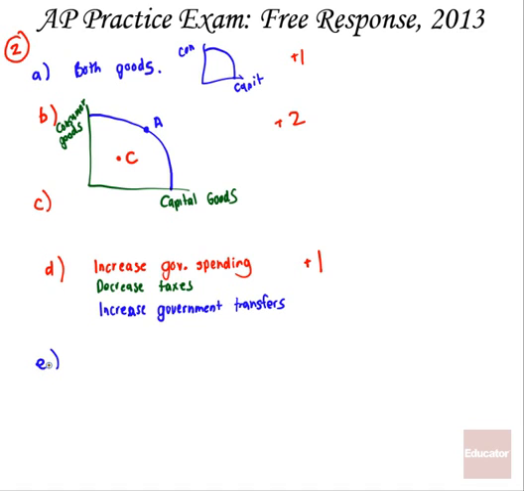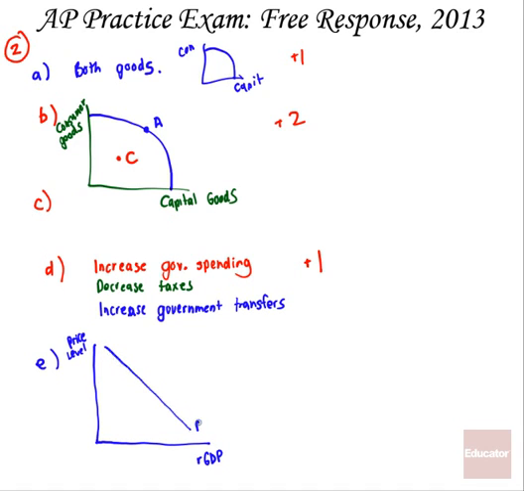Okay, part E, assume that nothing happens. What will the short run aggregate supply do in the long run: increase, decrease, or remain the same? Now, they don't ask you to draw the graph, but we're going to go ahead and draw this as if you had to, just to show you that it's really about knowing the situation rather than just blindly answering. So here's a price level, and here's the real GDP.